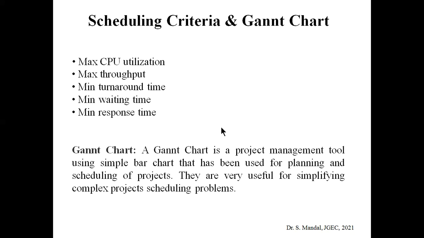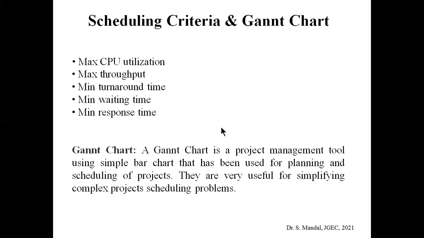That means we should always try to execute the maximum number of processes within a certain amount of time. Next, we should try to minimize the total turnaround time for the process, or the average turnaround time, and we should also try to minimize the waiting time.